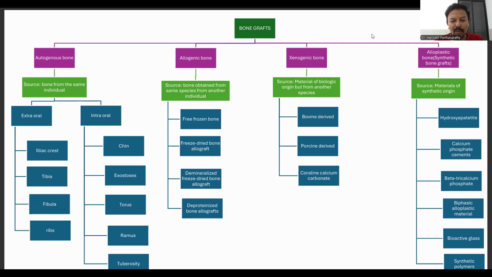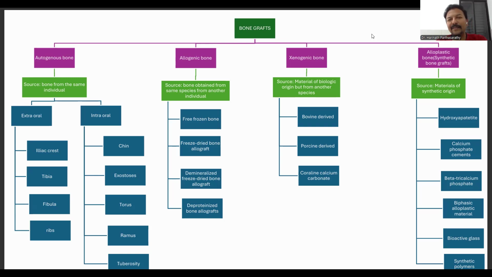So you know that bone grafts are very popular choices for hard tissue regeneration, and they are time tested. It's not that they are very new and in the experimental stage. The gold standard in bone grafting is the use of autogenous grafts.